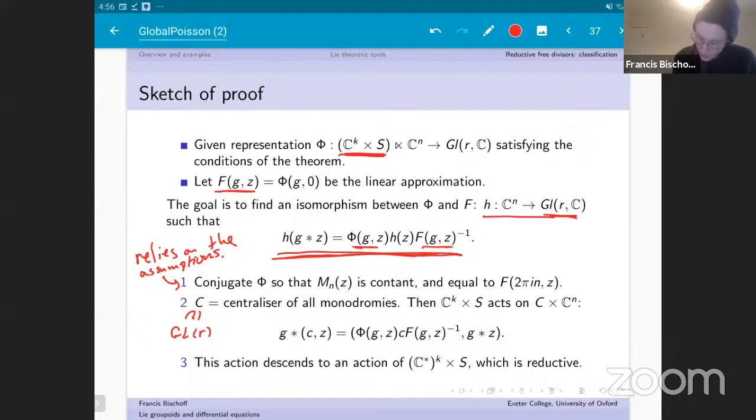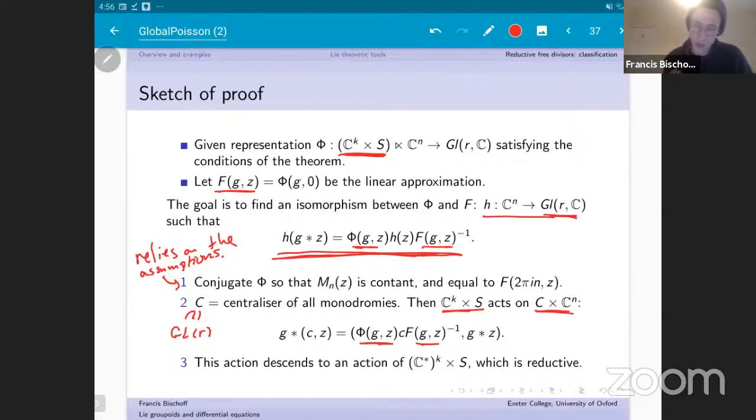Okay, and then we can define an action of this group on the bundle C times C^n, which is exactly the one that I just discussed, where we act on the left by phi and on the right by f in this way.